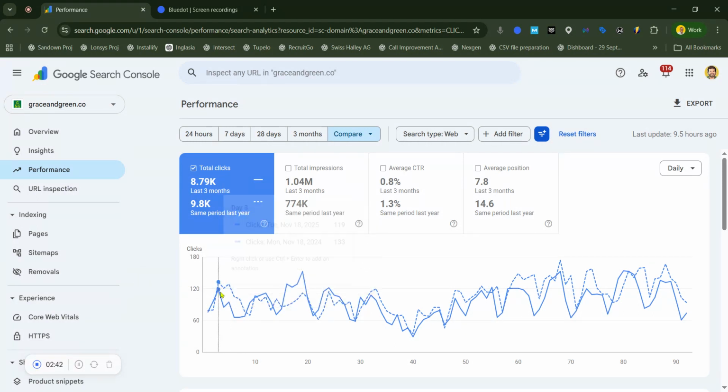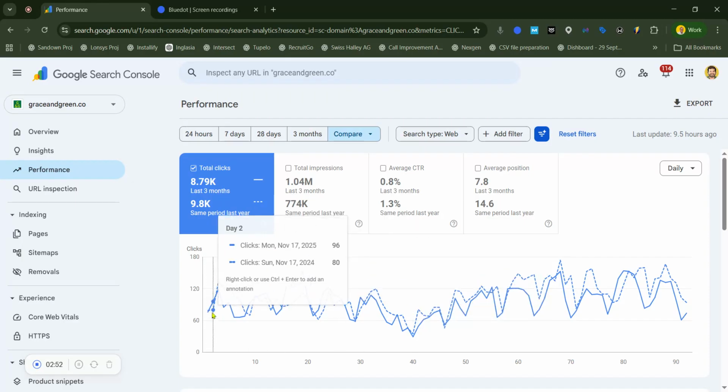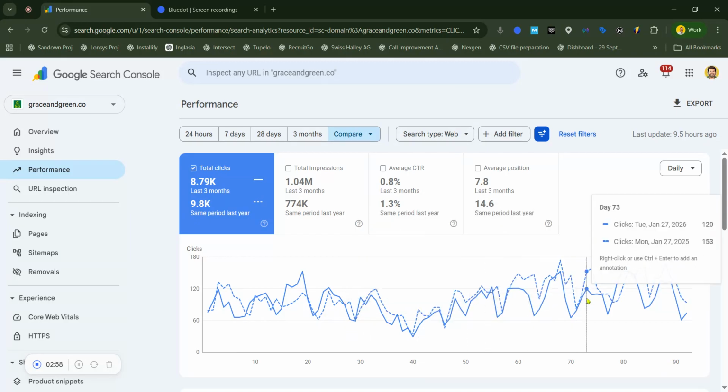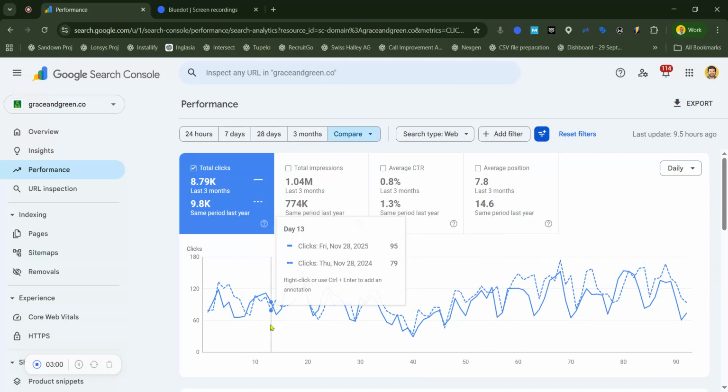The dotted lines represent the last 3 months of last year, November, December, January, compared to November, December, January that just passed, and February. So now, instead of comparing recent months to the months before them, we are comparing the last 3 months to the same time period last year.